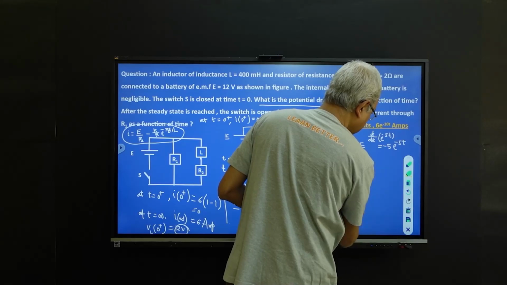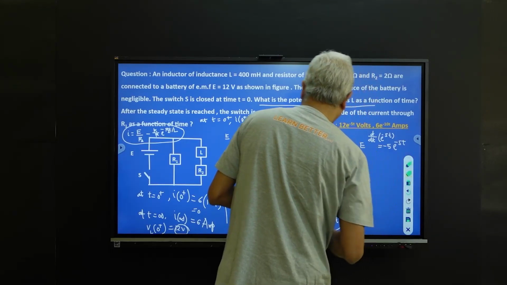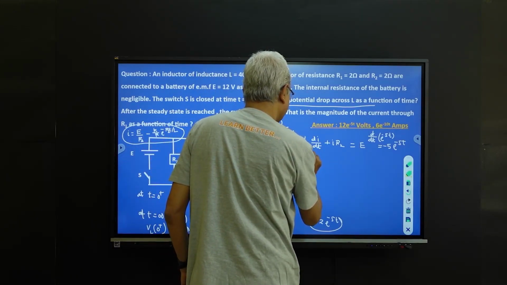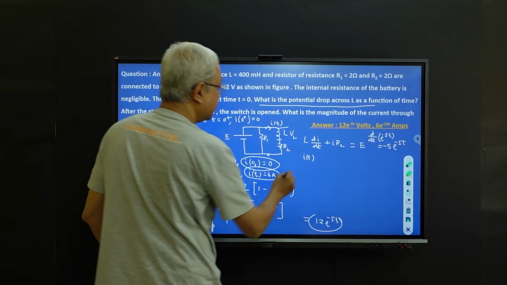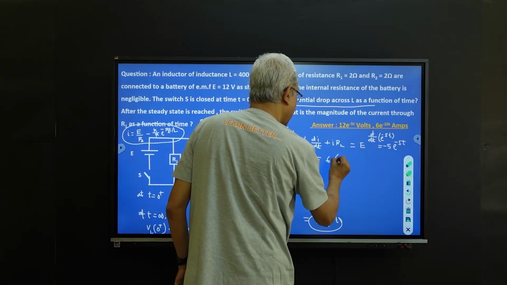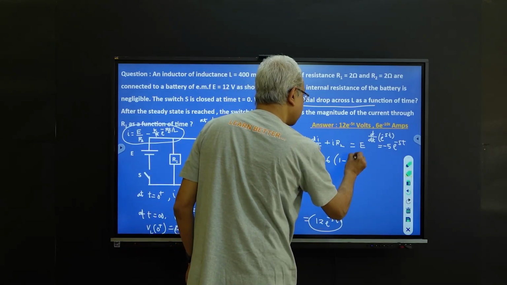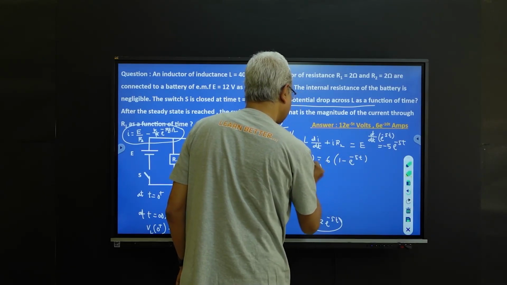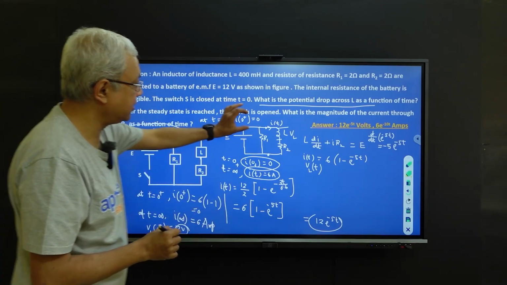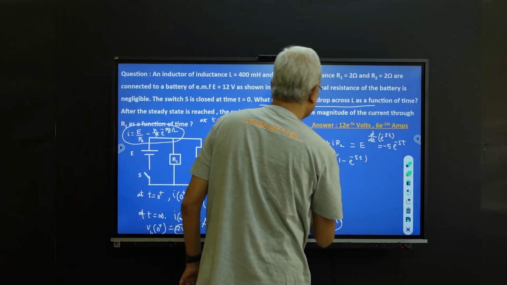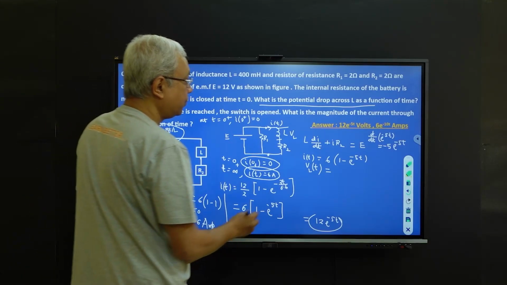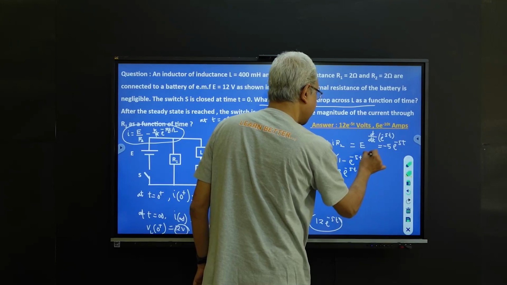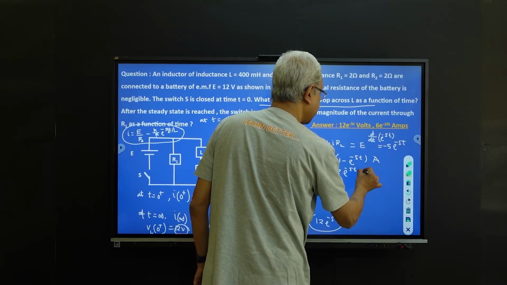Just after switch on, the current through L, I(t), is 6 times 1 minus e to the power minus 5t, and VL(t), the voltage drop across the inductor, is 12 e to the power minus 5t, where the current is in ampere and the voltage is in volt.